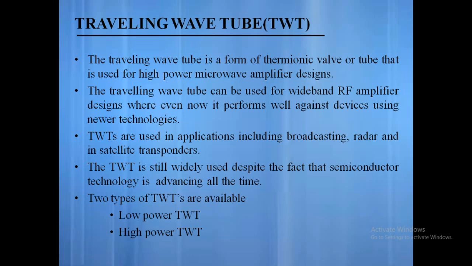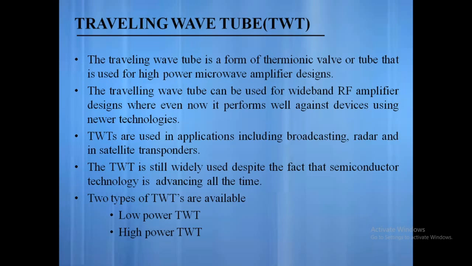Traveling wave tubes are used in different applications like broadcasting, radars, and satellite transponders. The traveling wave tube is still widely used despite the fact that semiconductor technology is advancing all the time.